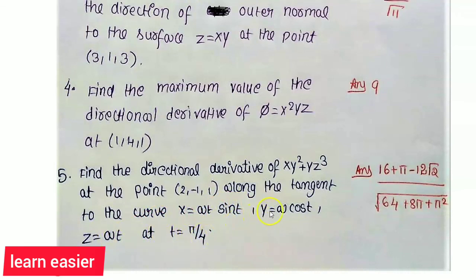Now we have to find the position vector r bar, which is xi bar plus yj bar plus zk bar, and then find the tangent vector, that is dr bar by dt, and then find dr bar by dt at t equal to pi by 4, and then find the unit vector e cap for this tangent vector, and then the directional derivative along the tangent to the curve is del f dot e cap.